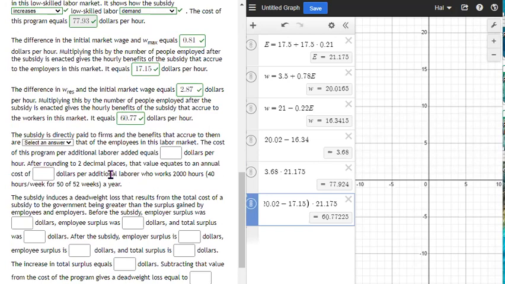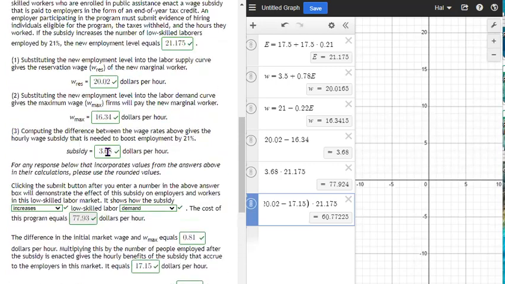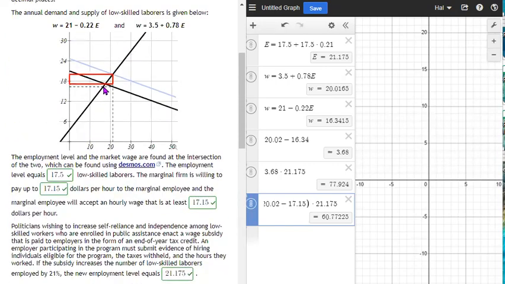Okay, the subsidy is directly paid to firms, and the benefits that accrue to them are less than that of the employees in this labor market. And we know that because the box below this red box that is formed by this dashed line and includes everything up to this red line, those are the benefits that accrue to the firms, right?